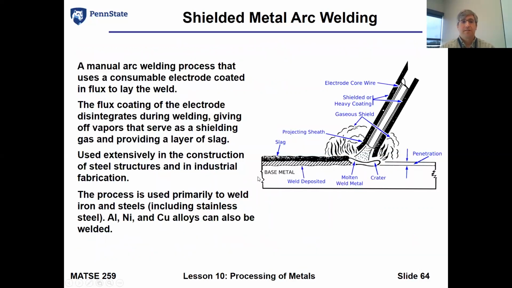Shielded metal arc is what you would call stick welding. Usually the first way that people learn how to weld is by using this stick weld. You'll see it if you drive across a bridge where they're doing welding, or some other places. You'll see them with a fairly long stick, or this flux-covered rod with an electrical connection to it.